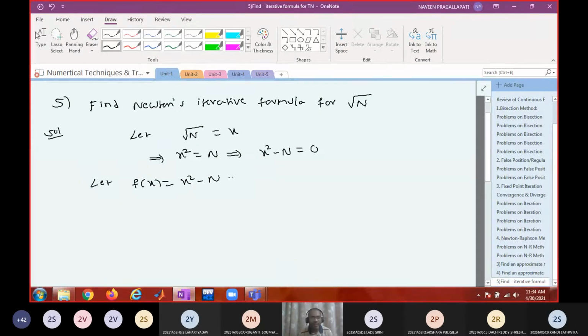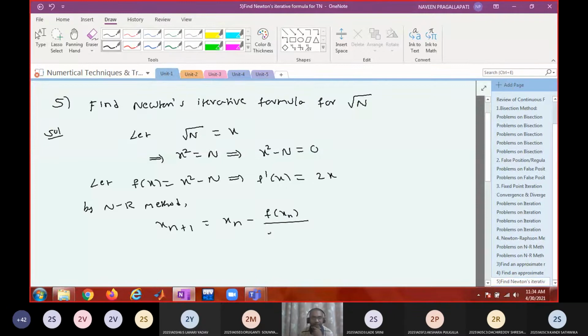Then f dash of x is equal to 2x. So then what is the Newton-Raphson method? By Newton-Raphson method, xn plus 1 is equal to xn minus f of xn by f dash of xn.